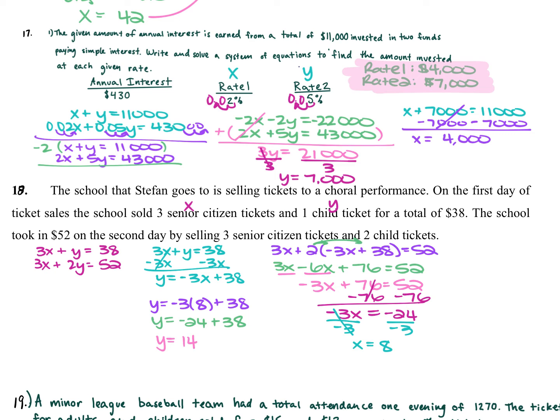You were finding the amount of a senior ticket and the amount of the child tickets. So this tells you that the senior citizen tickets are 8, and your child tickets are 14.